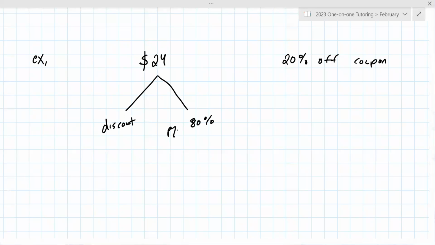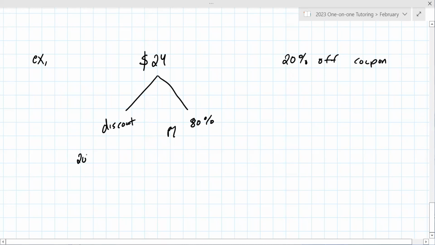Now it's up to you. A lot of students like to use the discount method, like they like to calculate 20% of 24, which ends up being $4.80. But you then have to subtract that from the original price, and that gives you $19.20, or you can do 0.8 times 24 to get the same number.